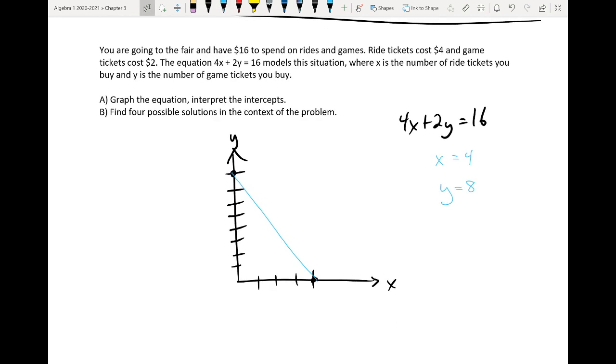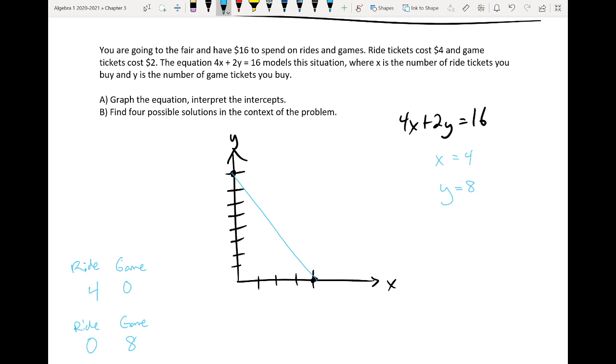When X is 4, Y is 0, so X again, 4 rides, and then 0 for games. We could do it the other way around. We could say the ride would be 0 tickets, and the game, the Y, would be 8 tickets. That's 2 of our scenarios.